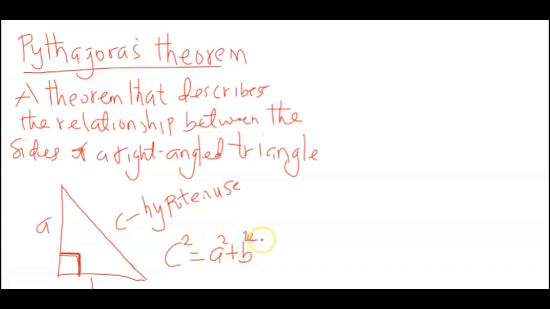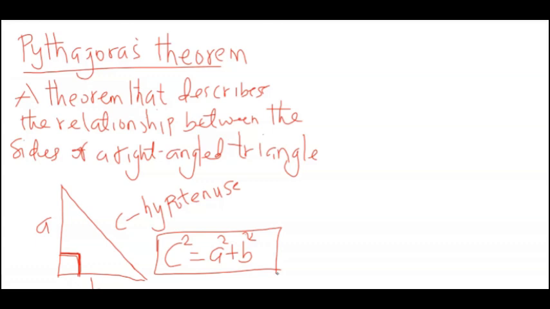So Pythagoras is saying that the square of the hypotenuse is equal to the sum of the squares of the two other sides. So you have to keep this identity in mind because we're going to use it to calculate some examples or some problems. Is that okay?